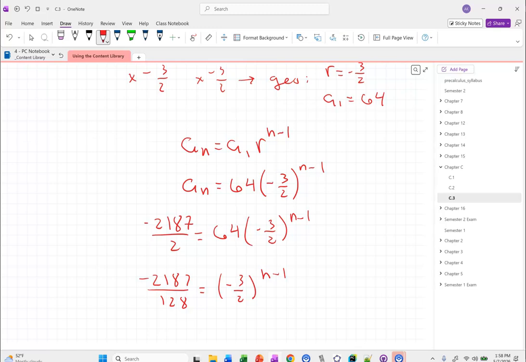Is that okay with you guys? Now, what do I need to do to get the n by itself here? Where is that n located? In the exponent. What do I need to do to both sides to get a number out from the exponent?